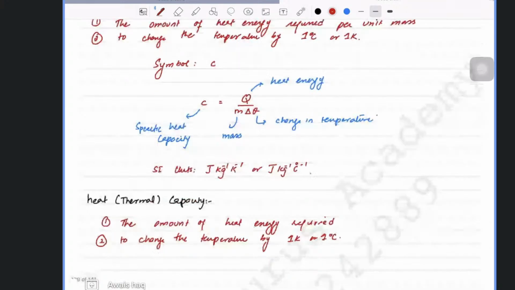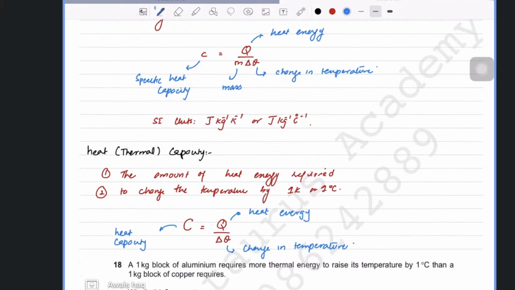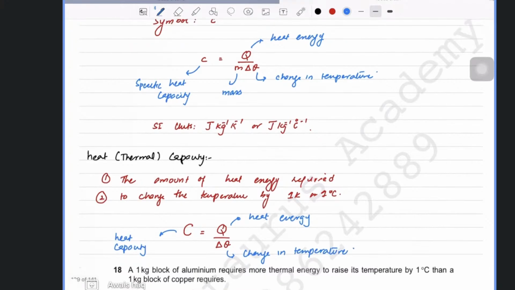You generally want to write it like capital C equals Q over delta theta. So this has no mass in it. Capital C is the symbol of heat capacity, Q is the heat energy, the rest of the things are the same, and delta theta is the change in temperature. The main difference is when you make it specific, it means you're talking about 1 kg of mass or a unit of mass.